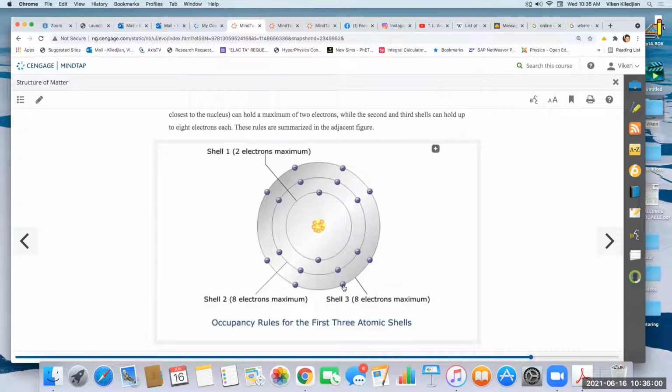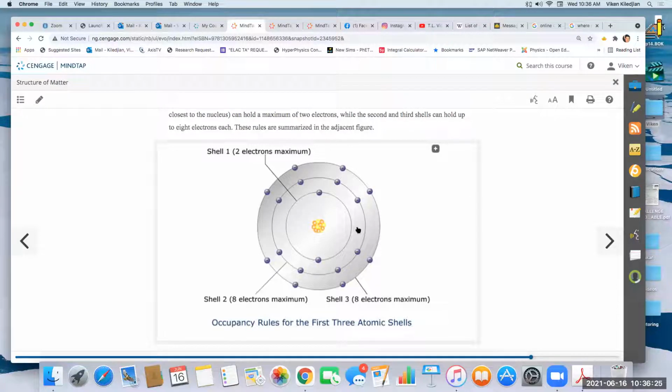Then I think you go to the fourth, then back to the third. There's something like that in chemistry, where you fill out the fourth shell first, then you come back and fill the third shell up to a maximum of 18. You can fill shell 3 with 18 electrons. But right here, they're just showing you before it starts getting tricky.